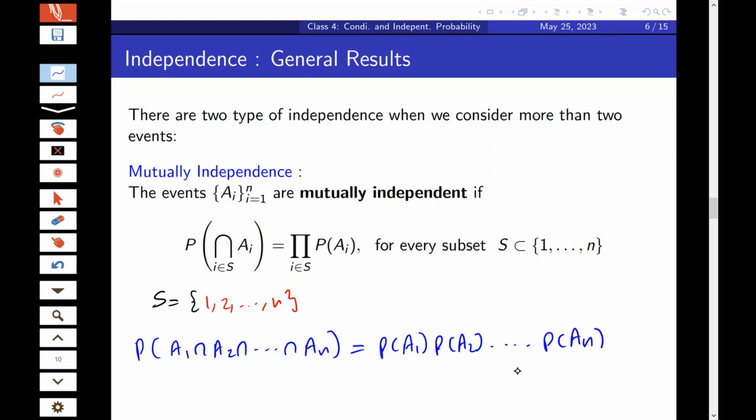If you have a product of a number of items, we can use this notation. This is uppercase pi, which is used to denote the product.